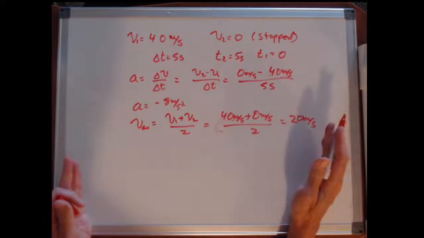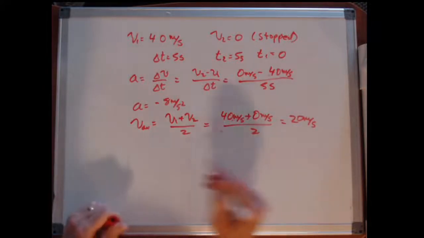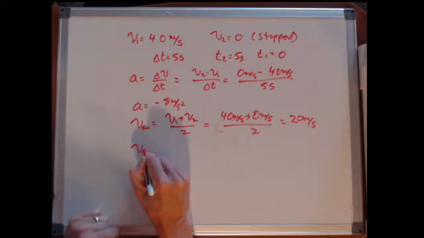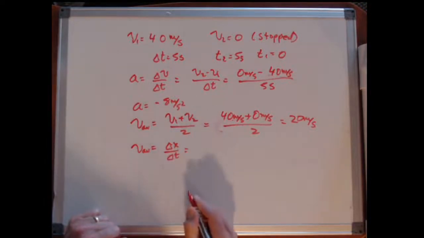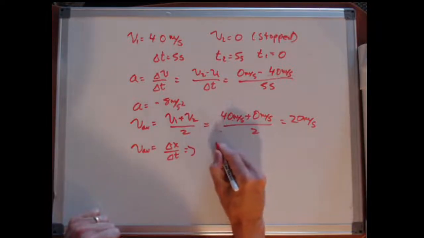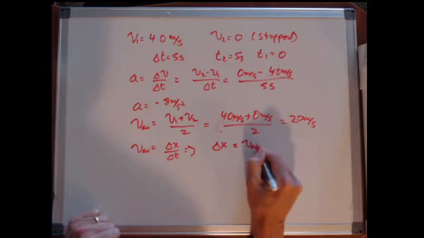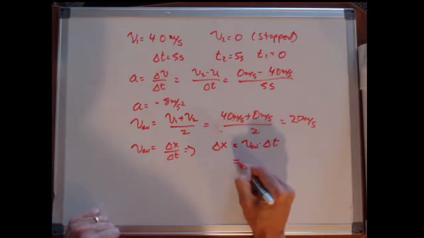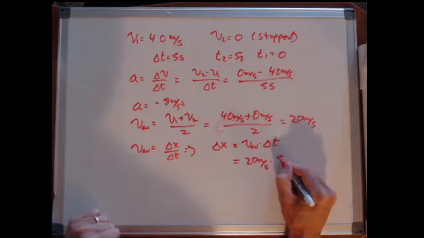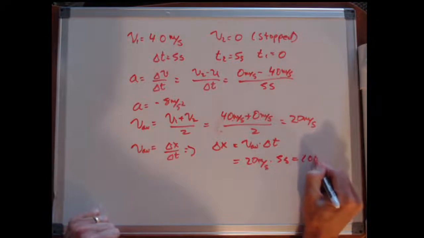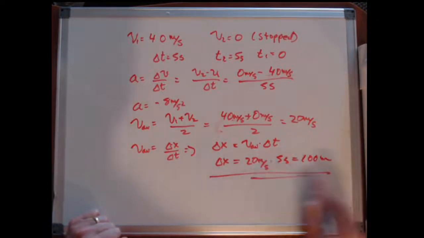If its initial velocity is 40 and its final velocity is 0, its average was 20. And I can use the same formula I used before. V average is the change in position divided by the change in time, so the change in position, if I multiply both sides by delta t, is the average velocity times the change in time. That's 20 meters per second times 5 seconds, which is 100 meters. So that's the stopping distance of the car.